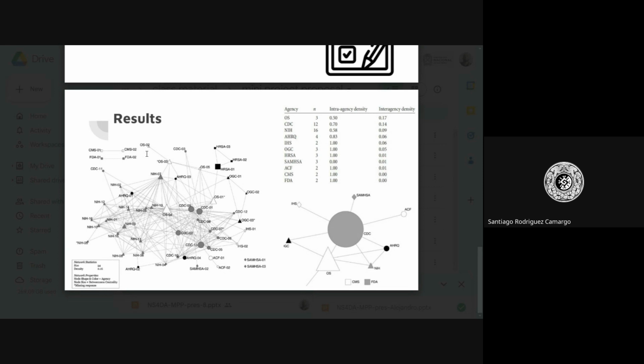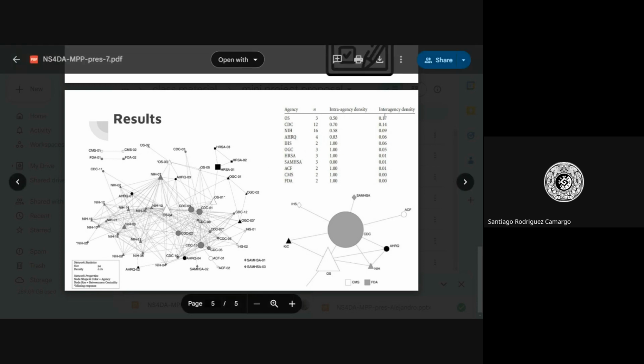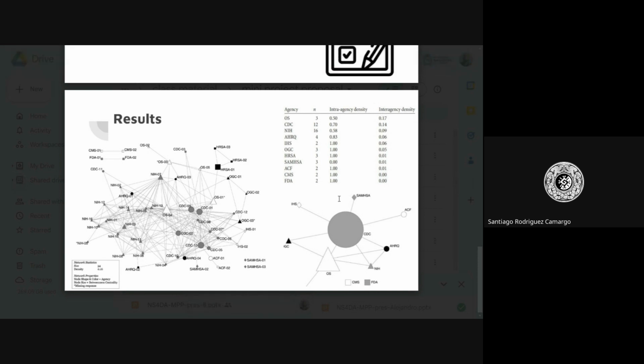The links reflect that they communicate quarterly or more. We have 55 different nodes, and the density of this network was 0.16, which is not low. However, they also calculated the intra-agency density and the inter-agency density, and they saw that there is a lot of communication inside each agency, but little communication with other agencies.